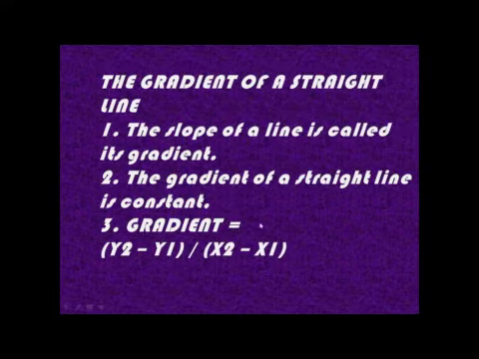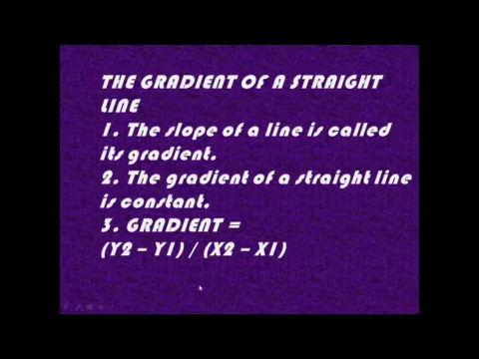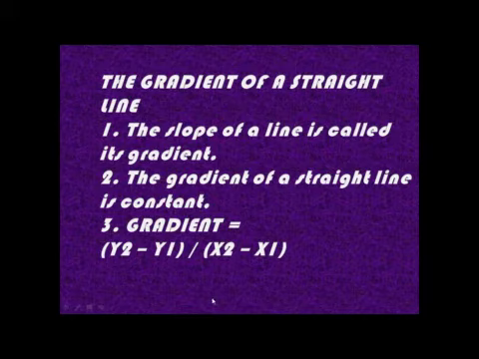All right, so the gradient is equal to y2 minus y1 upon x2 minus x1. First you do subtraction, like you just follow the BIDMAS or the BODMAS rule, and then solve any kind of problem that you get.